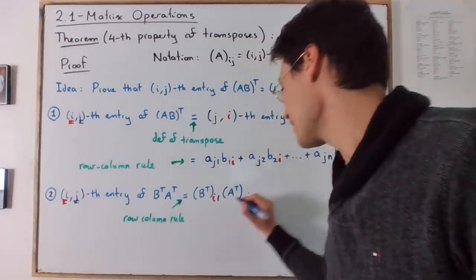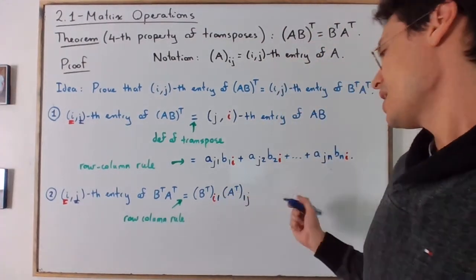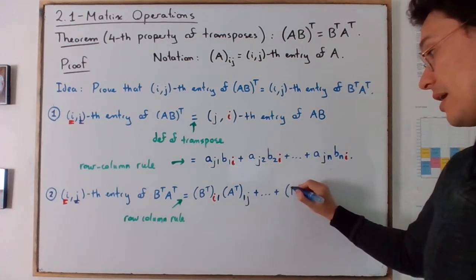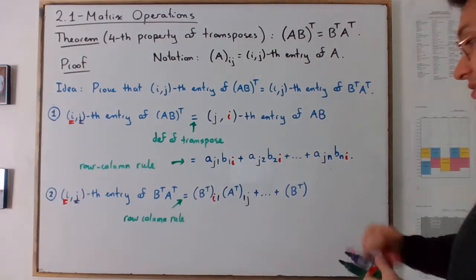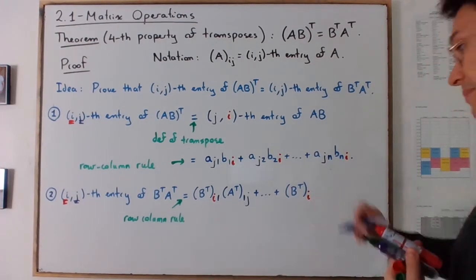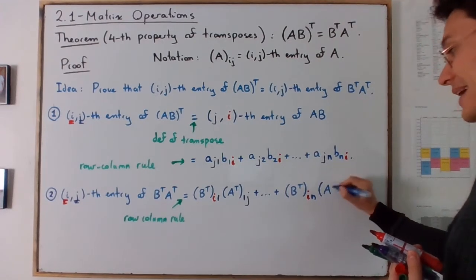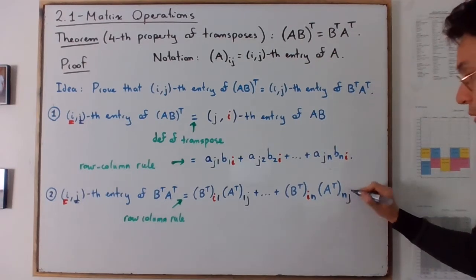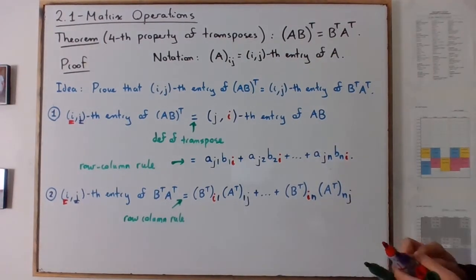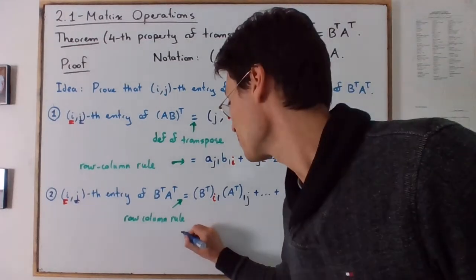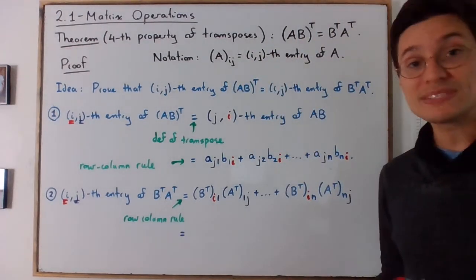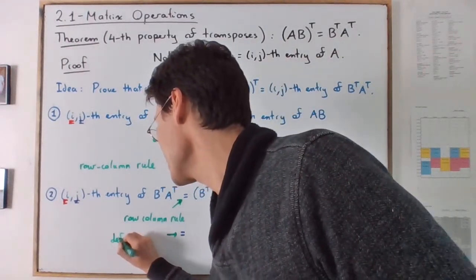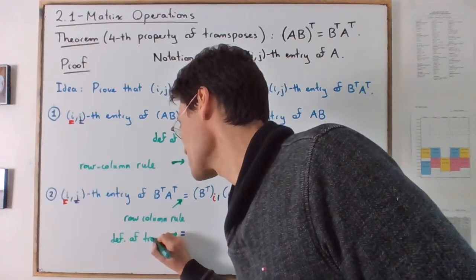And then it's the same idea: B transpose i1 times A transpose 1j, and you continue like that until you hit B transpose in times A transpose nj. That is the element of the ith row and nth column multiplied by the element of the nth row and column j. And now you're using the definition of transpose at that point.